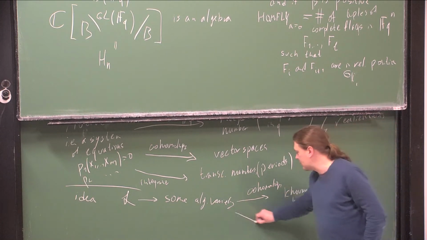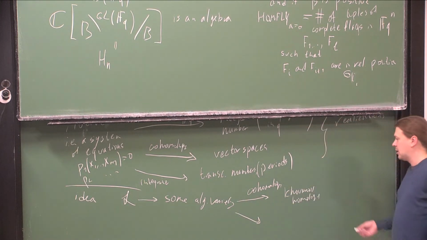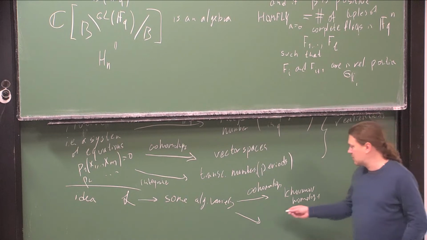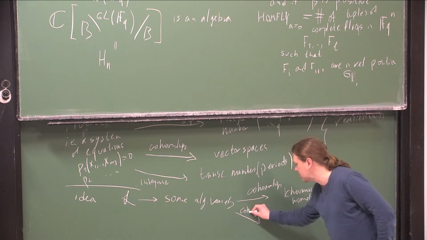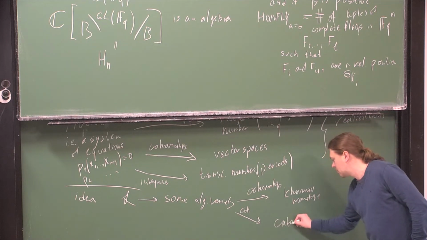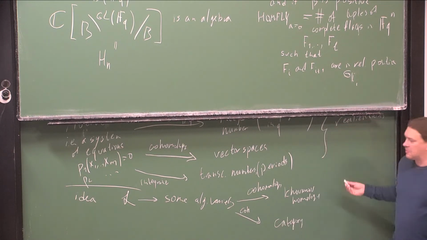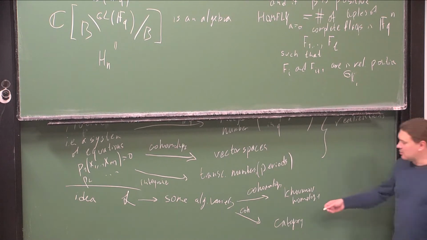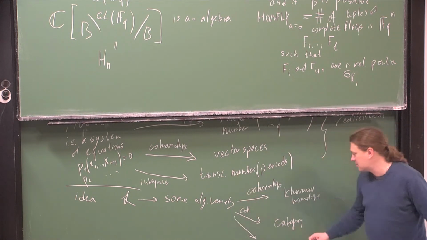Or you can do other things. If you want to get a category, you can consider the category of coherent sheaves, for instance. Or you do some kind of matrix factorizations on that variety.